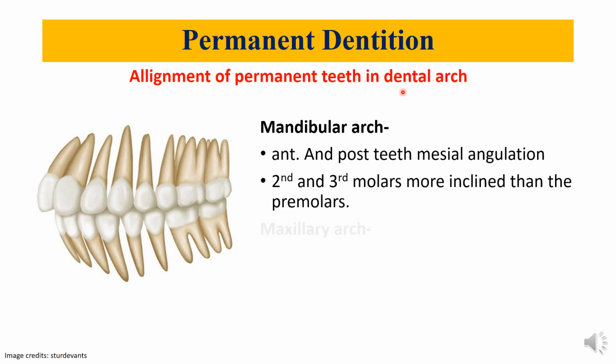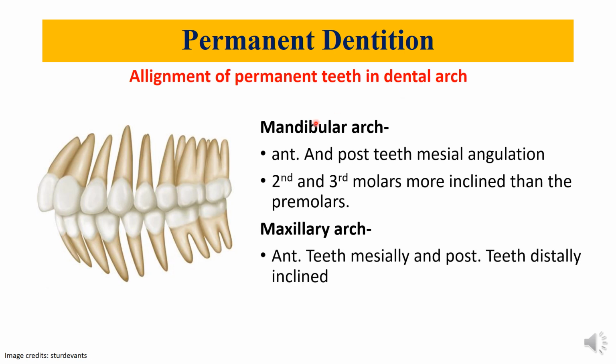Now you can see from this diagram it's very clear that the anterior and the posterior teeth in the mandibular arch have a mesial angulation. It means they are mesially tilted. You can see it's falling a bit mesially, isn't it?